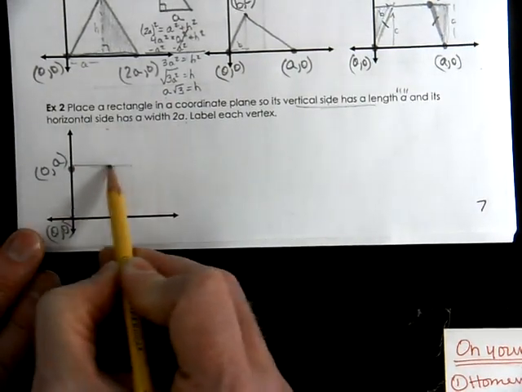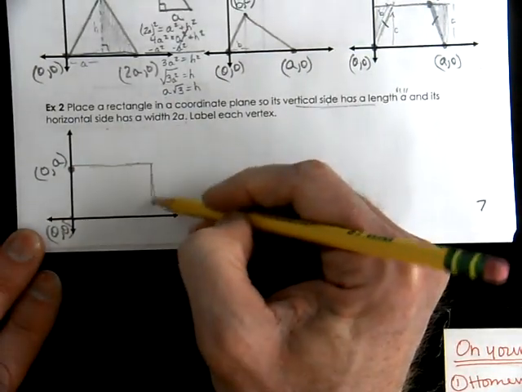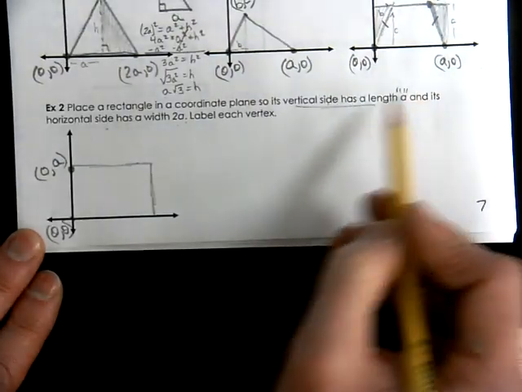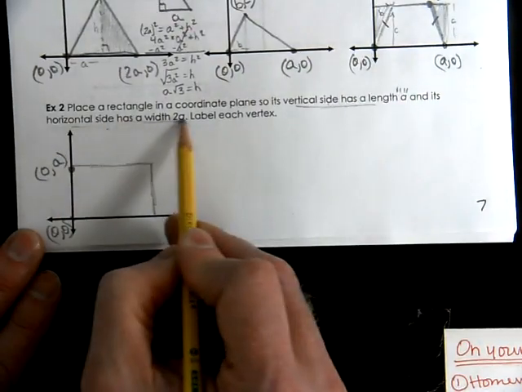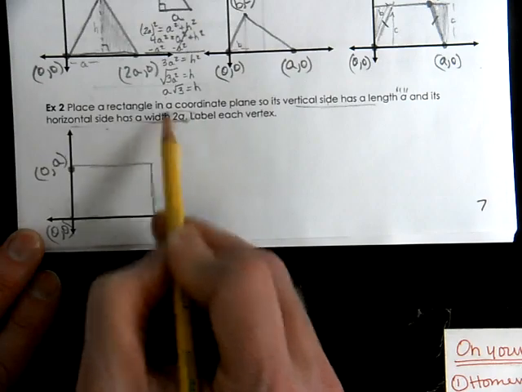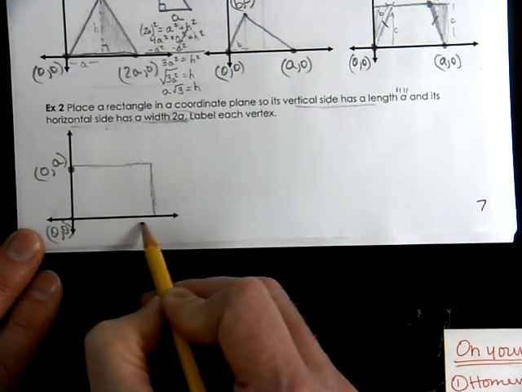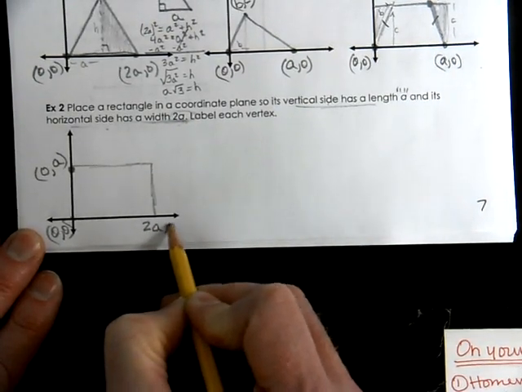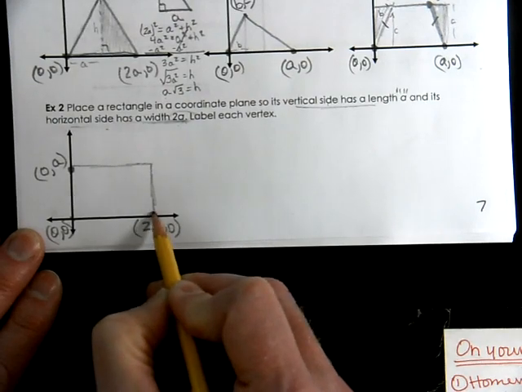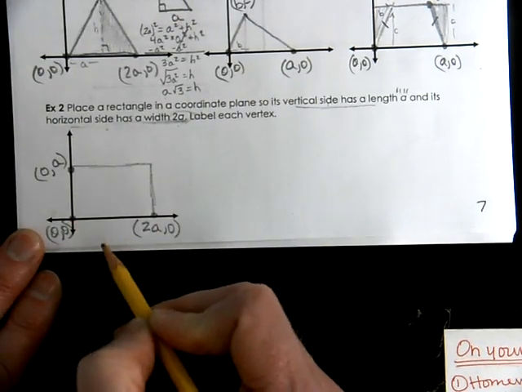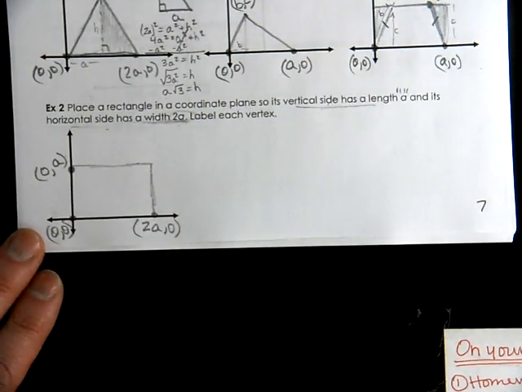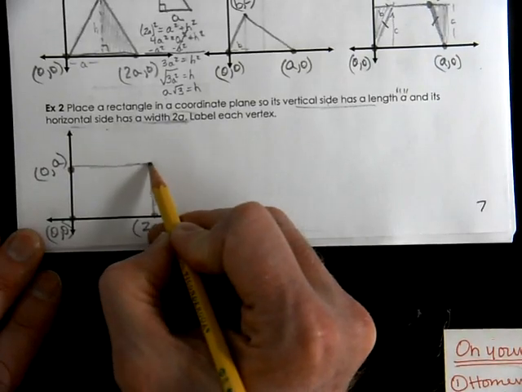Then we're going to make our rectangle. The horizontal side length is going to be twice that length. It's going to be 2a. And since you're right on the x-axis, the y value has to be 0. So what is this final coordinate going to be?